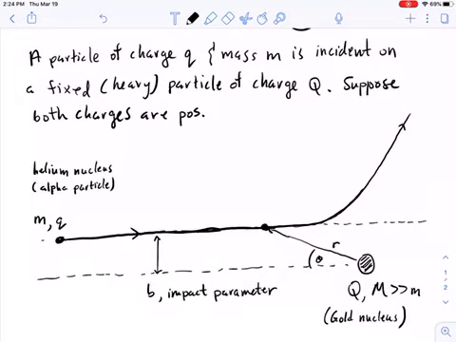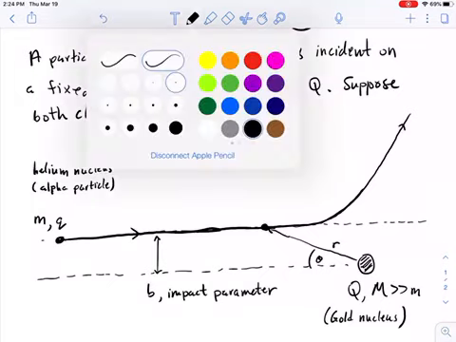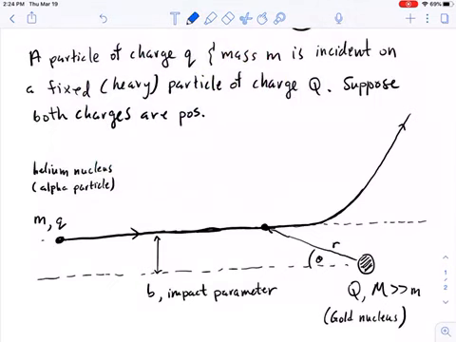And let's extrapolate a line back from the straight line after our particle has scattered. We extend that back. What we're interested in is this scattering angle theta. Let's say theta s is our scattering angle.